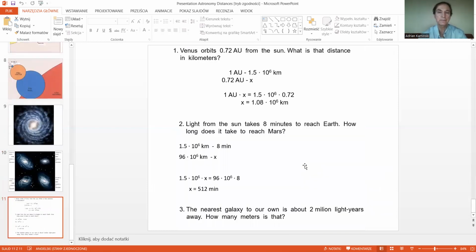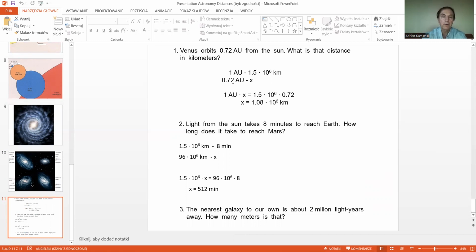And some problems to solve. Let's do one of them. The first one: Venus orbits 0.72 astronomical unit from the Sun. What is the distance in kilometers? In order to solve it, we need to compose a proportion. We start the first row with what we know, and we know that 1 astronomical unit is equal to 1.5 times 10 to the 6 kilometers.